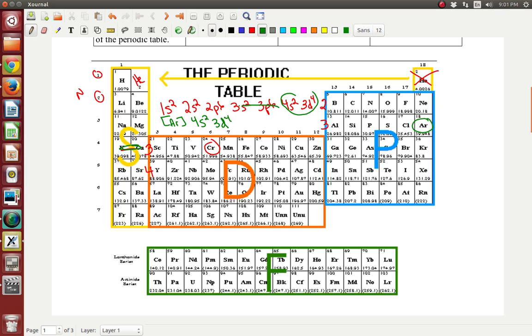And all of these guys are inside of argon. So this is the abbreviated electron configuration. Now let's do the abbreviated orbital notation. The 4s2 would be up, down, and the 3d4 would be 5 lines, 1, 2, 3, 4, 5, but 4 electrons, up, up, up, and up.